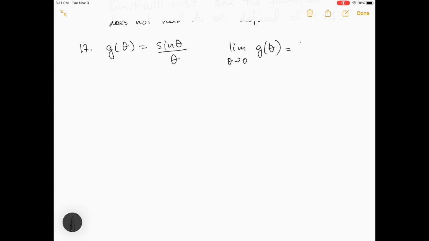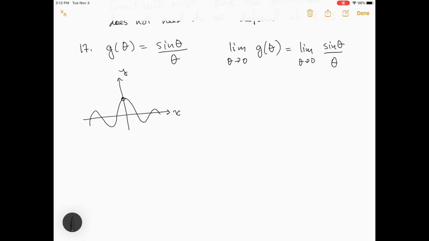So I can rewrite it as the limit as theta goes to 0 of sine theta over theta. So the graph of this function looks like the following. So it's clearly a well-behaved function near the point x equal to 0. However, it has a pointwise discontinuity at x equal to 0.